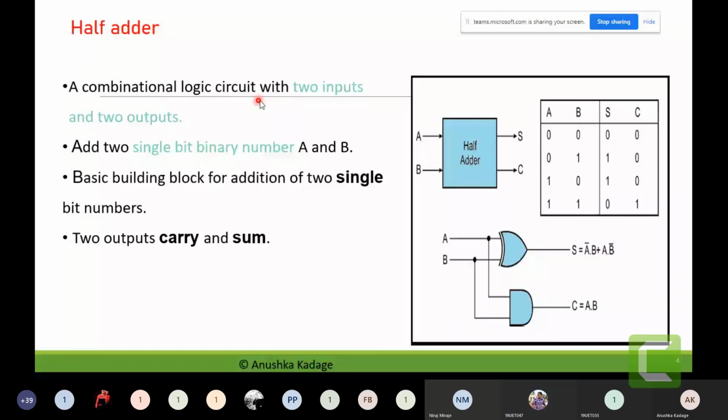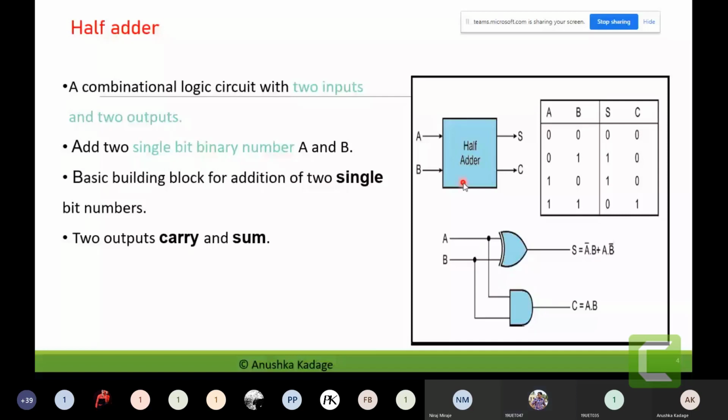So here in the definition, we have defined that it is a combinational logic circuit having 2 inputs and 2 outputs. Let's go to this diagram, where the block diagram of the half adder is shown.